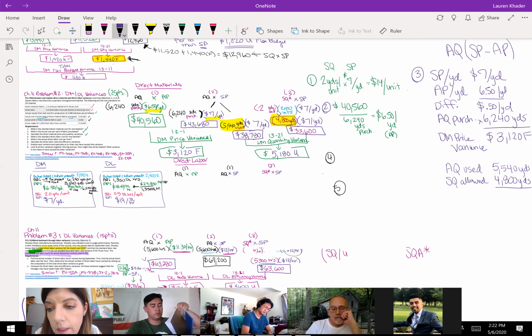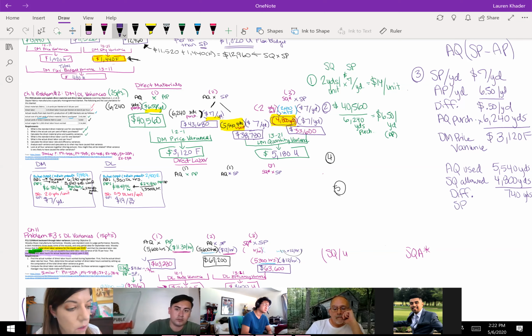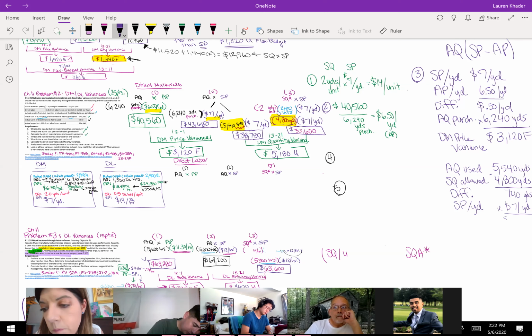And you subtract that to get the difference of 740 yards. Then you multiply that times the standard price per yard, $7 per yard, and you'll calculate that to be 5,180 unfavorable. And that's your direct materials quantity variance.